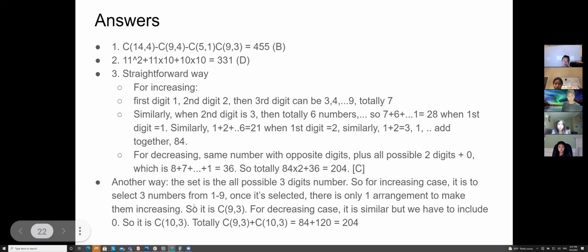So how many possibilities? We select 3 out of 9. Everybody got this part? Once you selected 3 numbers, you're done. And for the decreasing case, it's similar but includes 0. So it's C10 3. Totally it's C9 3 plus C10 3. And this gives us 84 plus 120. That's 204. So this will be a much faster way to think.